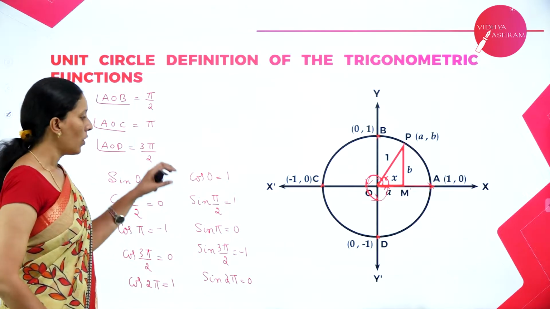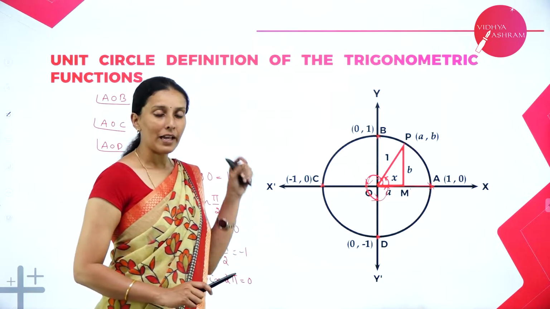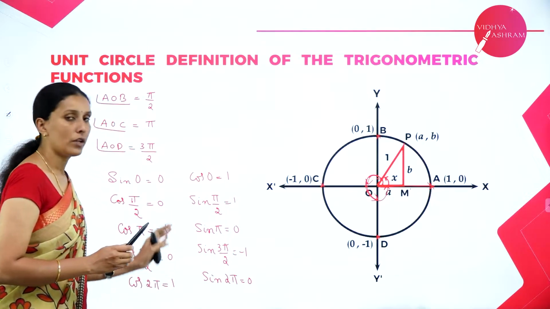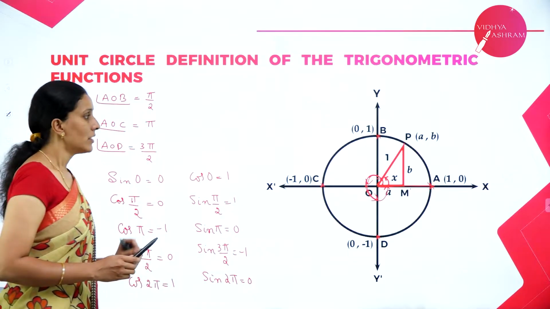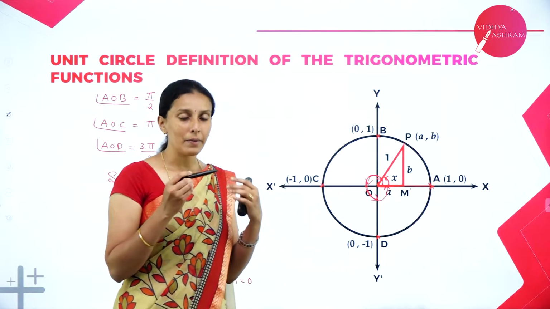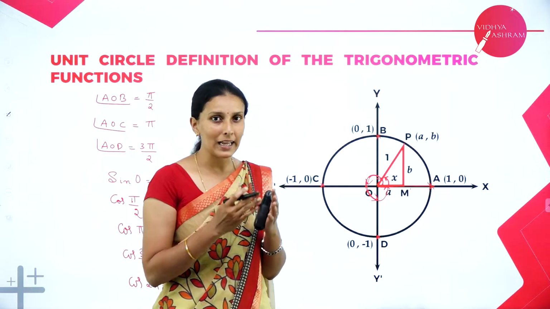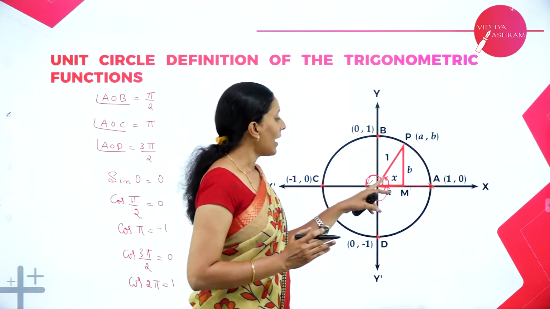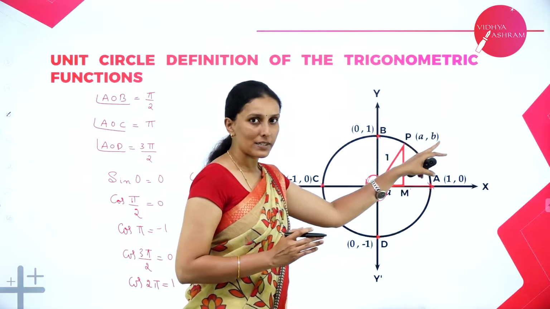So this is how we will identify any point on the unit circle and we can write the values in terms of coordinates. Thus any point P on the unit circle can be expressed in terms of an angle x in radians as cos x, sin x.